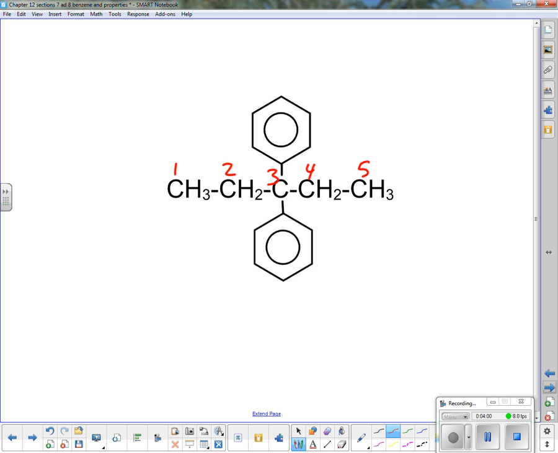They're both coming off the same carbon, which is number 3, but we still have to say one's at 3, one's at 3, and I have 2, which is di. Then I would put phenyl. Then I would name the long chain, which is pentane, since it has no double bonds. And I would be done. Fairly easy. Just treat it like something coming off.